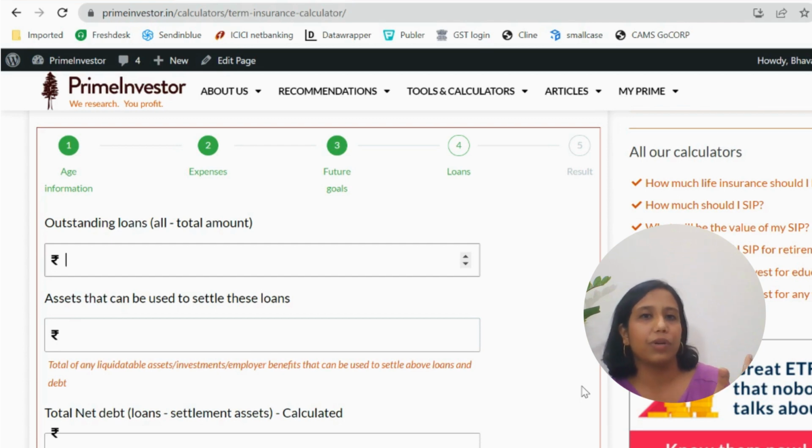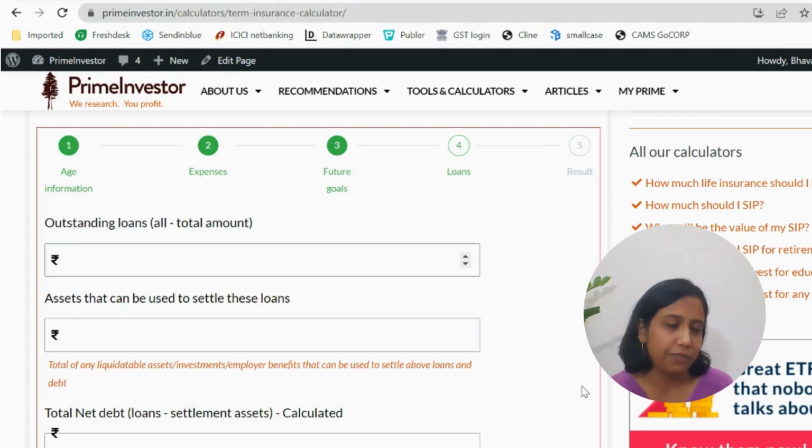So you also need to account for the outstanding amount of these loans in arriving at your total insurance cover. What you can do here is assume that some assets that you already have, like we did with the goal amount, can be liquidated in order to meet these loans. Like you could have PF money coming in, or some other asset that can be liquidated.